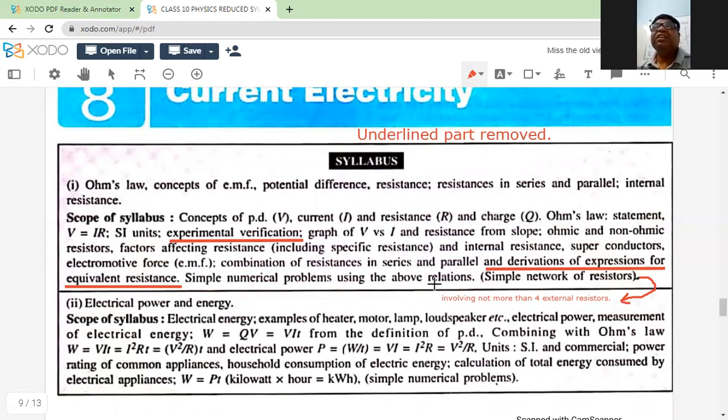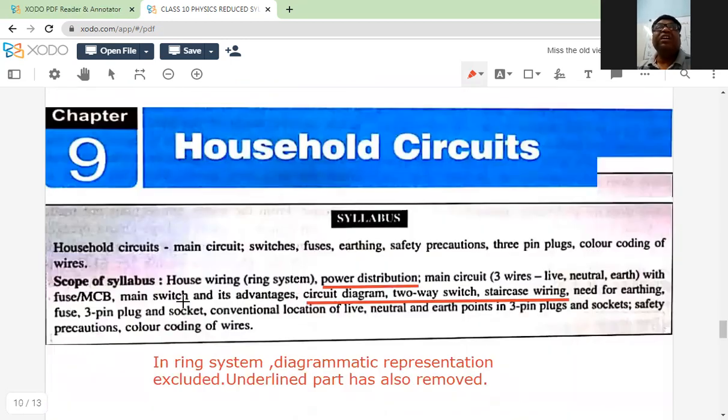It is clear. Only the formula you have to know, and the application of the formula in simple network of resistors. Simple network of resistors means involving not more than 4 external resistors. It's clear. All other topics are in your course here.